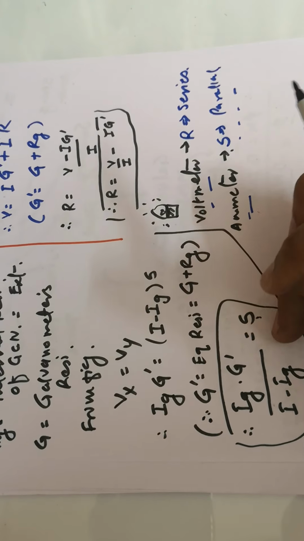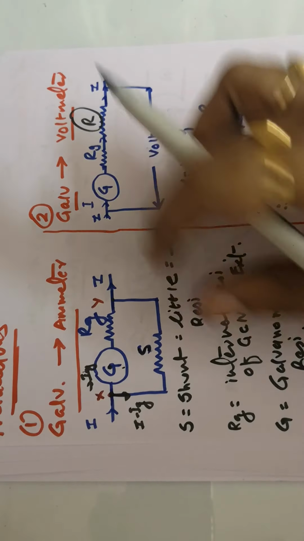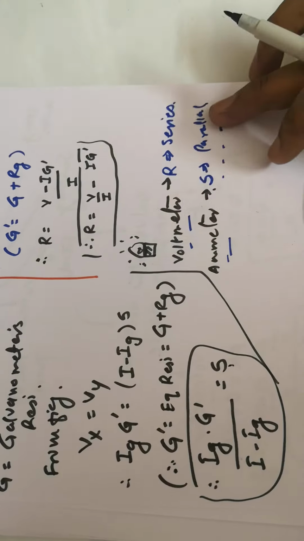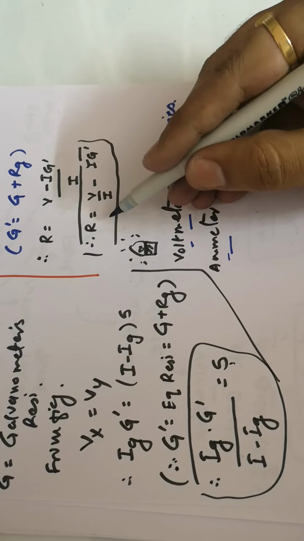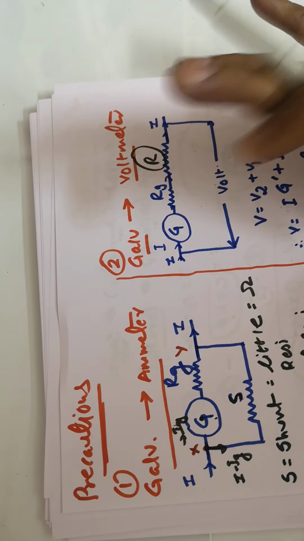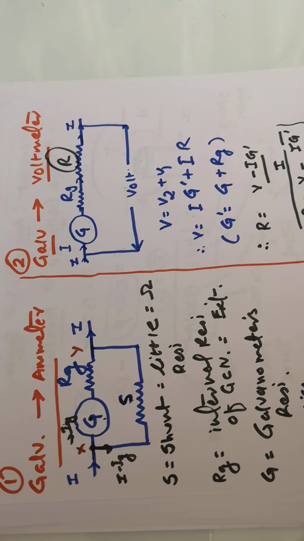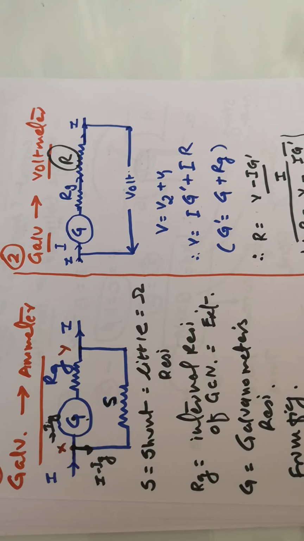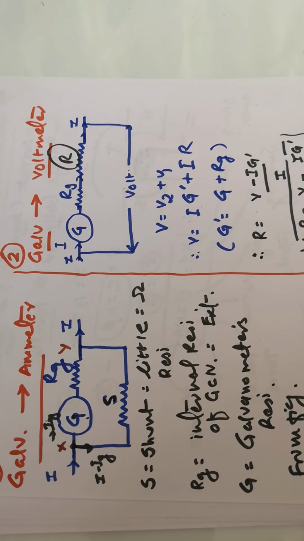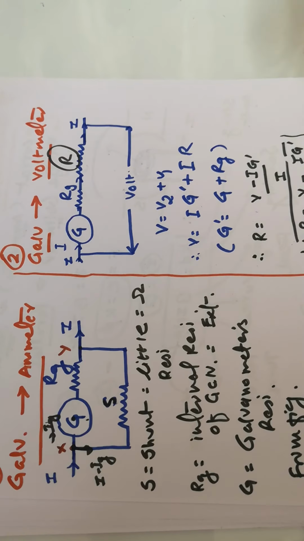After calculating and placing it, you can convert the galvanometer into an ammeter, and after calculating your capital R, you will be in a position to measure what amount of voltage the galvanometer can handle. These are practical questions in practical exams, and theoretical exams ask them too, so be careful.